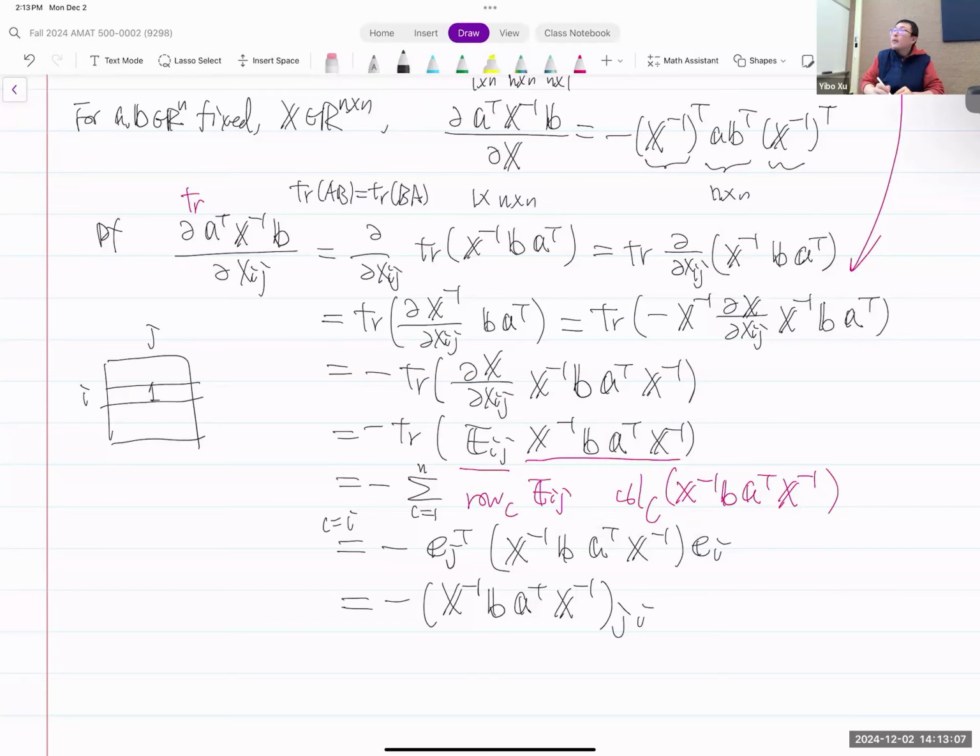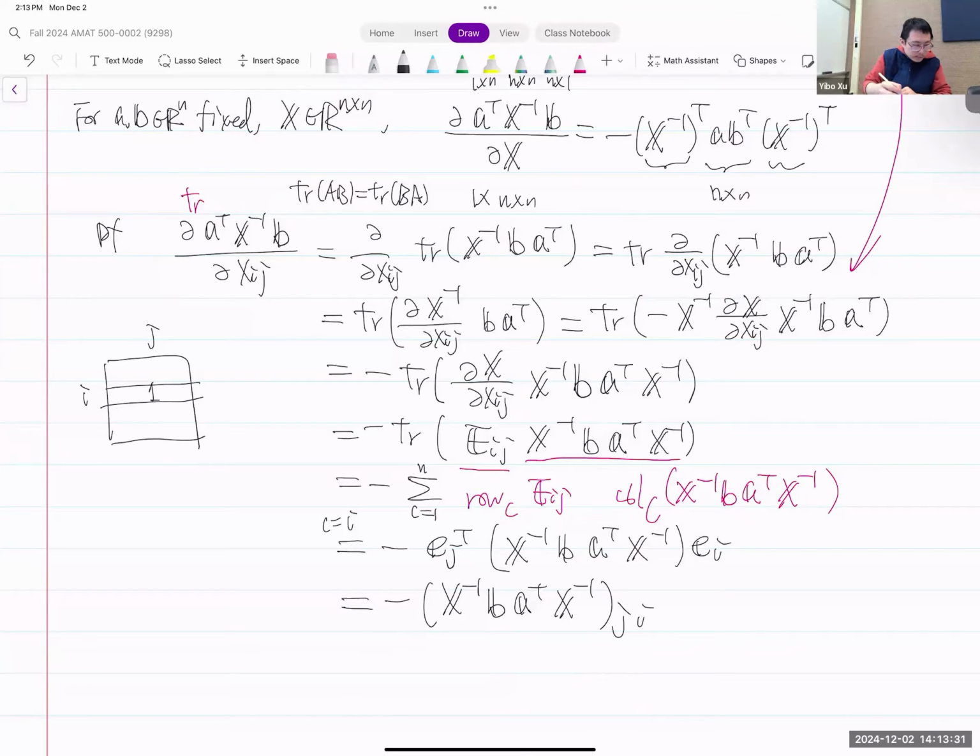So this is what we want. We started with the ith row jth column element, but now we notice we actually get the jth row ith column element. That tells you the matrix that we want from here and the matrix from here are transposed to each other.